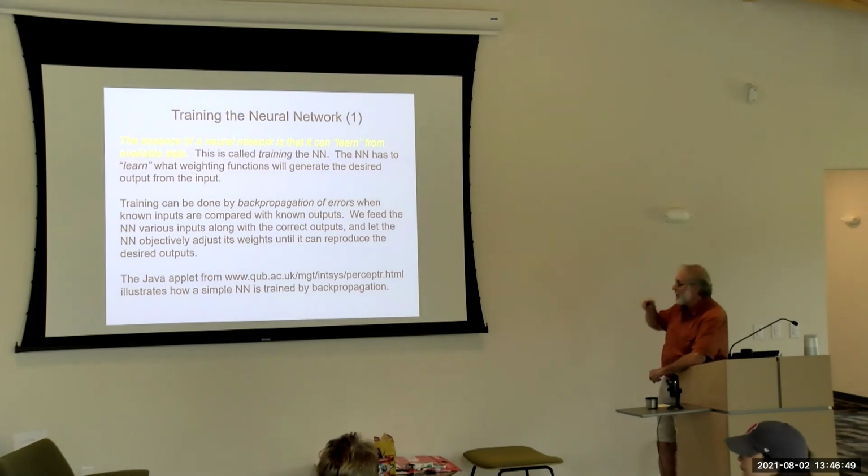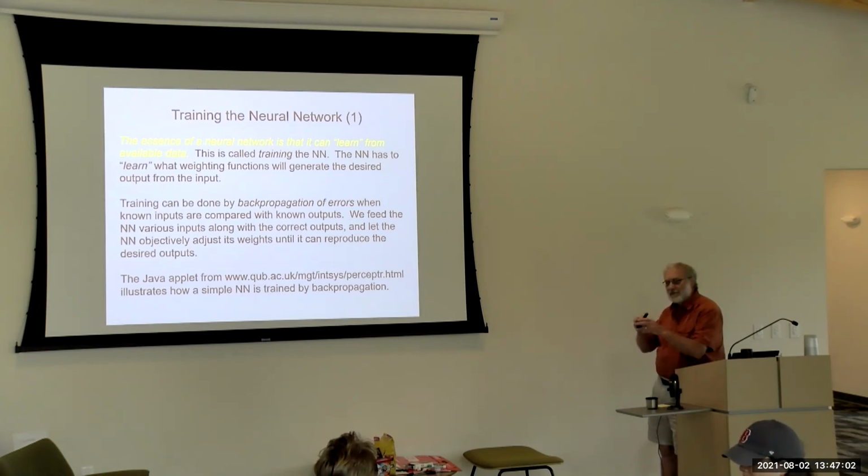So we have to train the neural network before we can use it. The very essence of neural networks is that they can learn from your data sets. Training simply means: how do you come up with a set of weights that takes the inputs, like R or S spectra, and gives you the outputs, like chlorophyll? There are several ways you can do that.